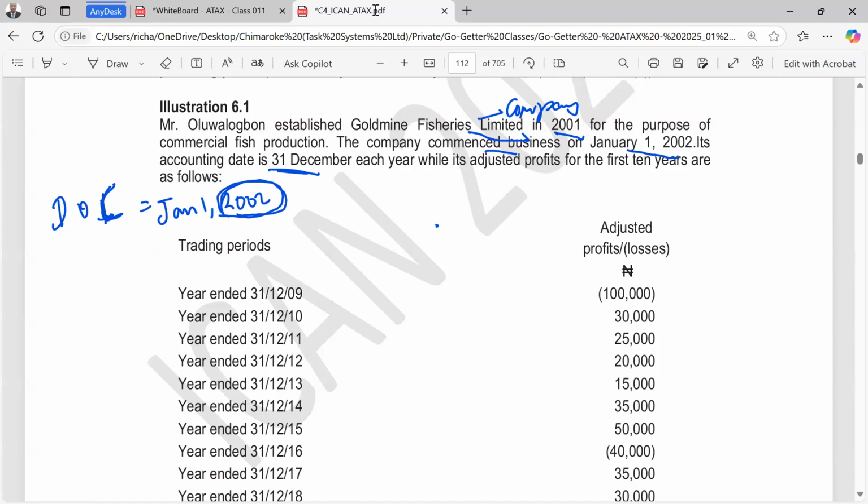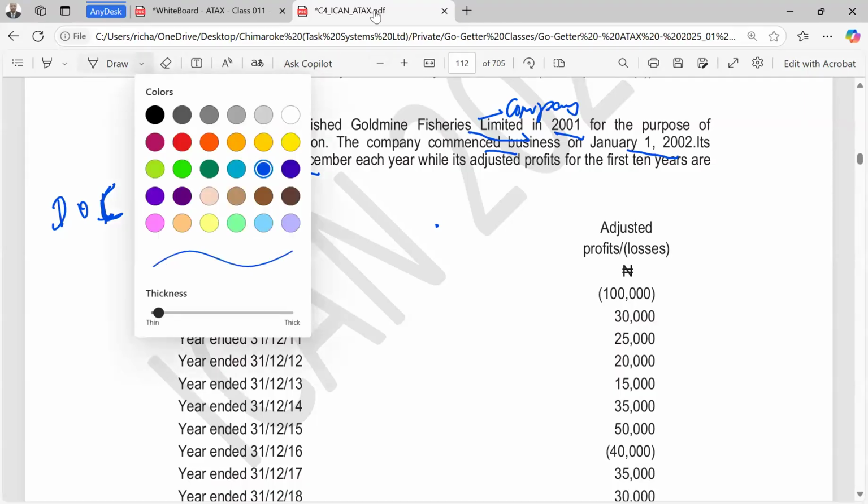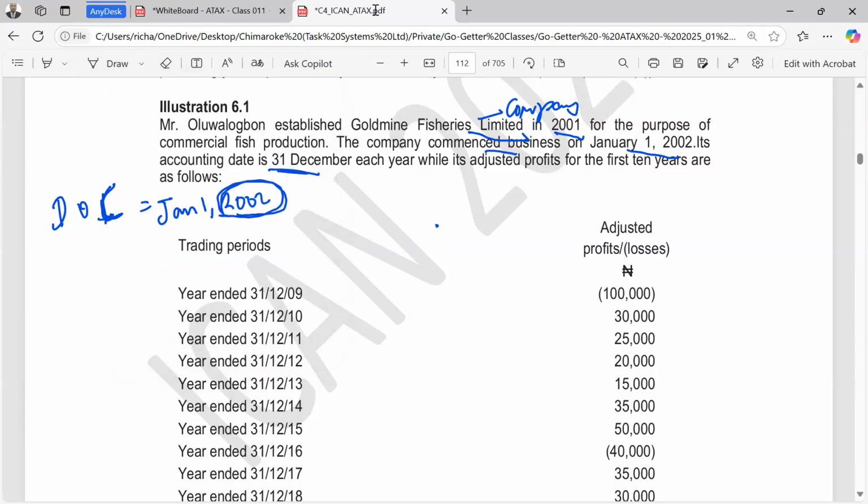Let's amend this question, because it cannot be saying first 10 years. So this will be 2008, and this should be 2009, and this should be 2009.